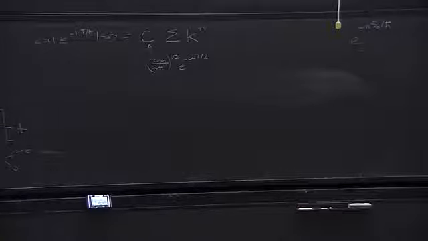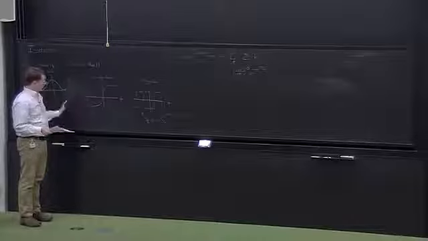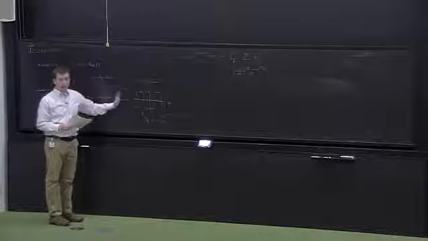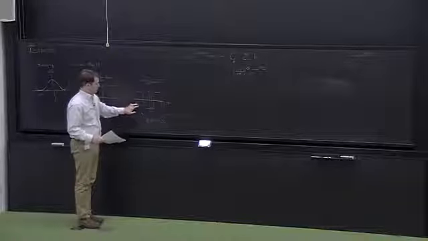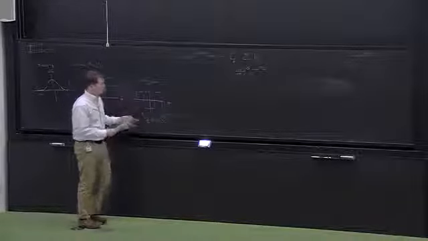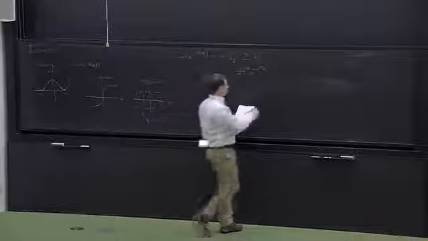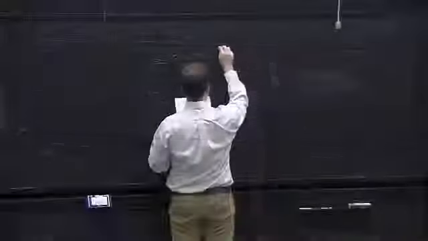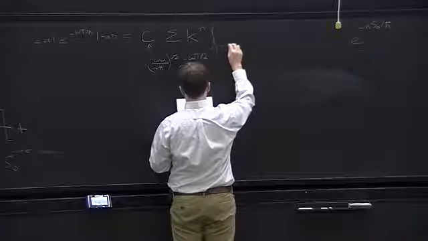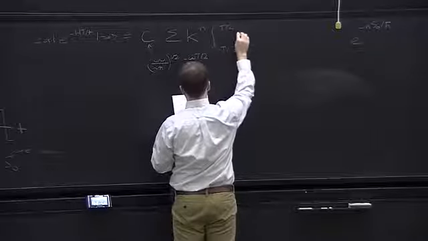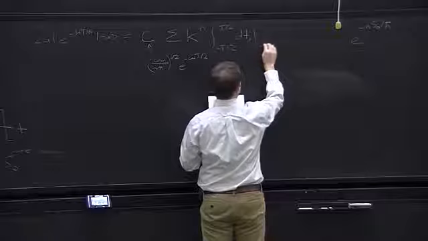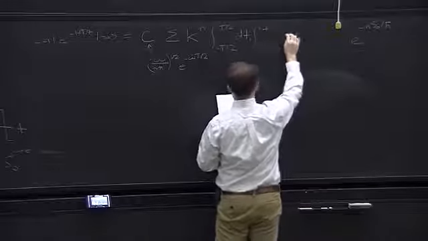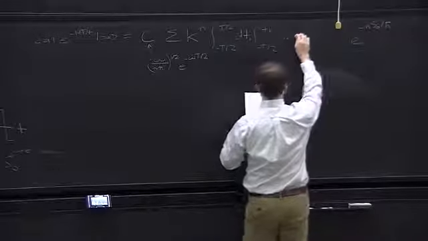And then just like for the one instanton solution, we had to integrate over the locations of the center of the instanton. We also have to integrate over the locations of the centers of the n instantons over here. And I'll just allow them to be anywhere.